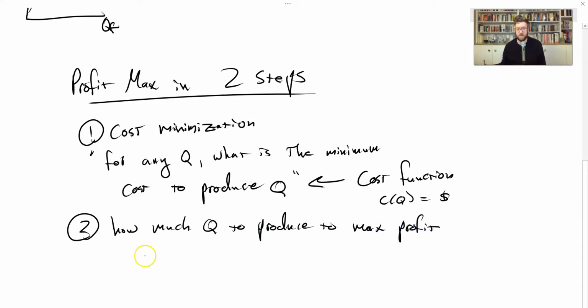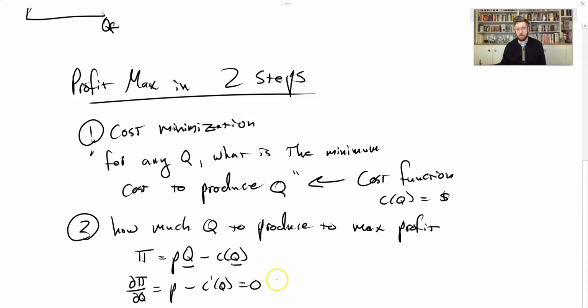The profit maximization problem, when you have a cost function, looks like this: price times quantity, that's your revenue, minus the cost to produce that quantity. There's only one choice variable here. We take the derivative with respect to Q, and we get P minus the derivative of the cost function is equal to 0.